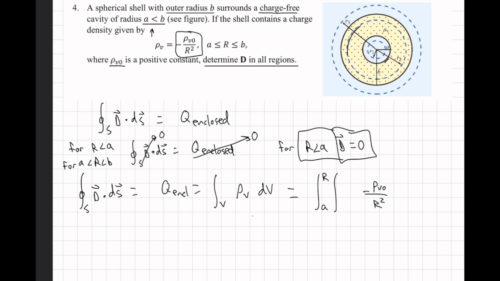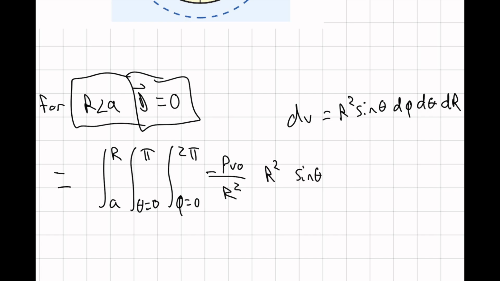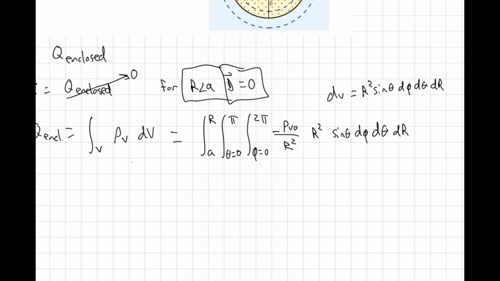It's a full sphere excluding the center, so we go a to r, but we also need to go with the azimuthal angle theta equals 0 to pi, and then the other angle is phi equals 0 to 2 pi, and we need our integration dV, and we know dV equals r squared sine theta d phi d theta dr. So we'll throw that in there: r squared sine theta d phi d theta dr. And so this integration can be broken up a little bit.